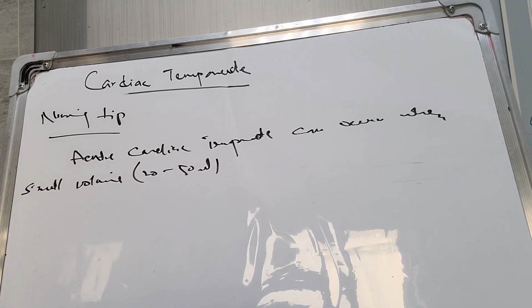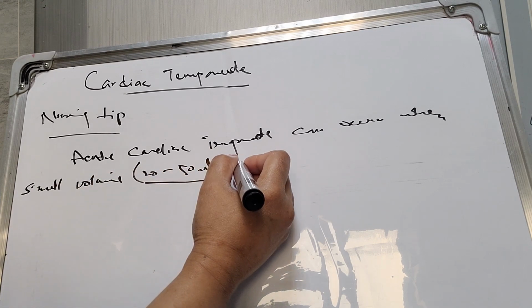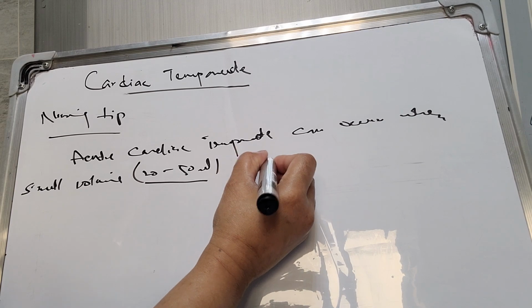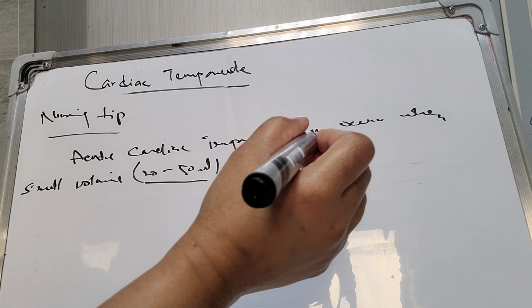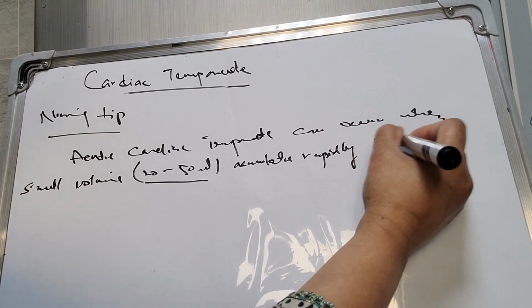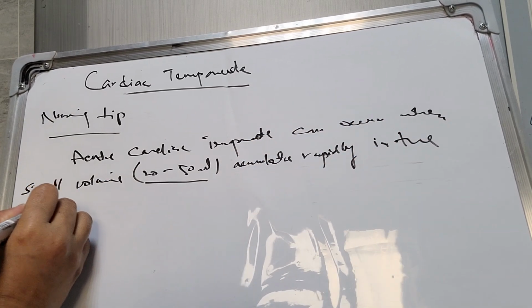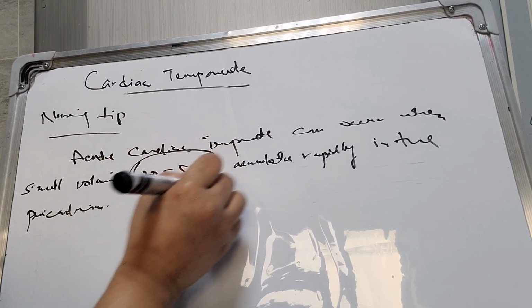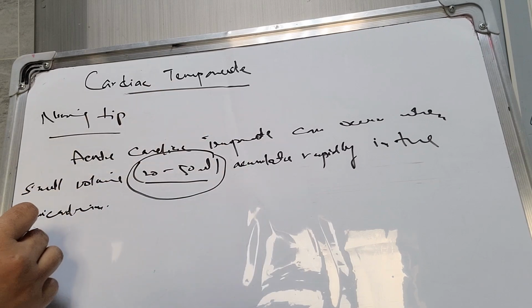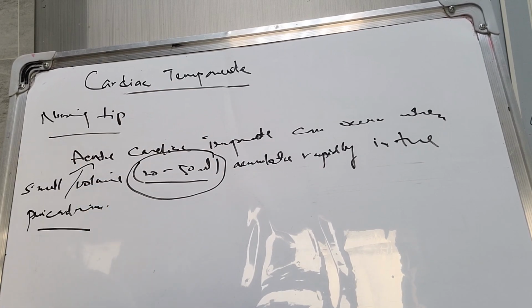So 20 to 50 ml fluid is always there, so it will help the heart layers to lubricate. But if this 20 to 50 ml fluid accumulates rapidly in the pericardium, what will happen? Acute cardiac tamponade.